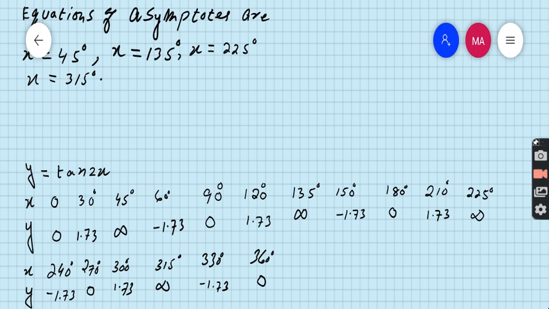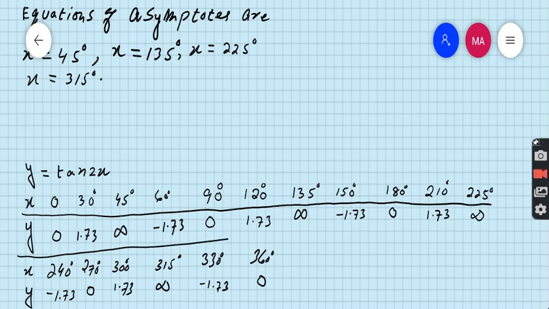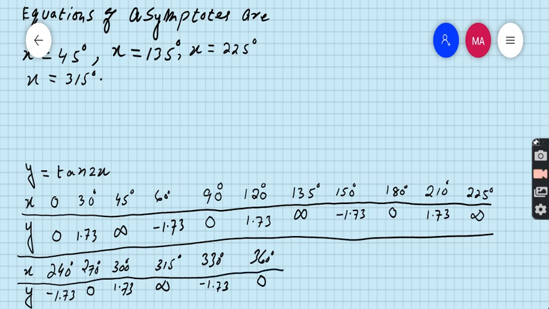This is x values. I started from 0, then take the interval 30, 30, 30. First I take 0, then 30.